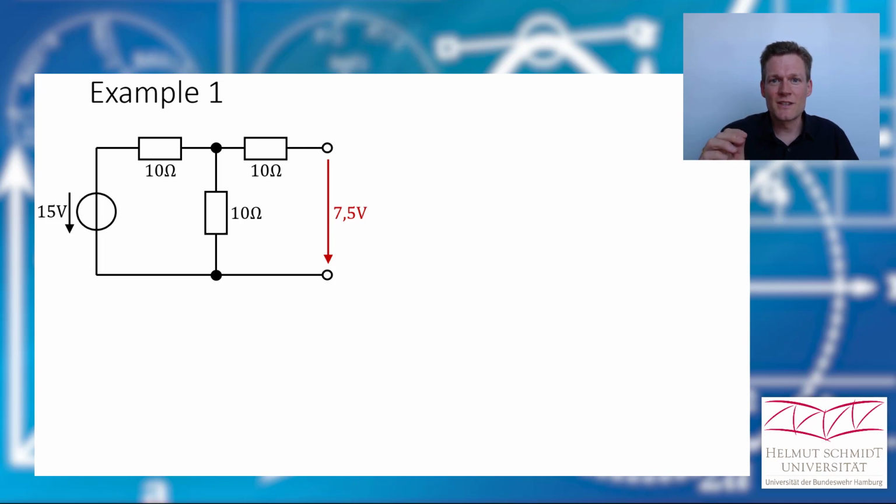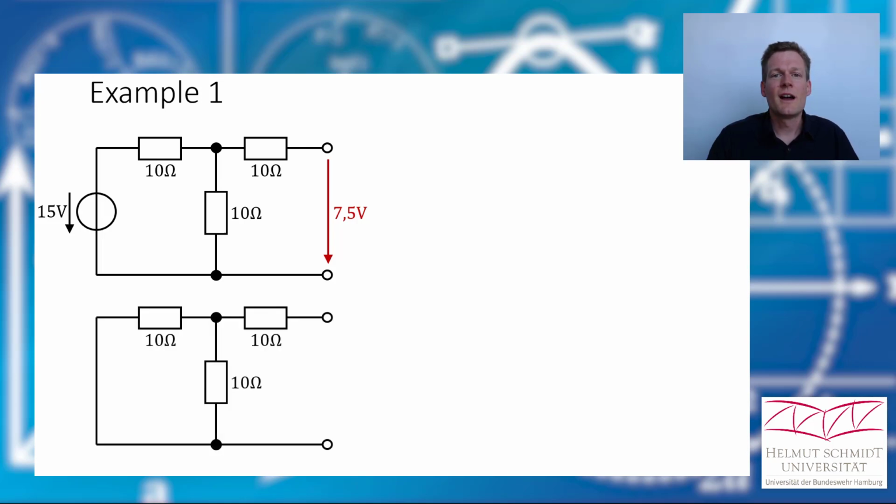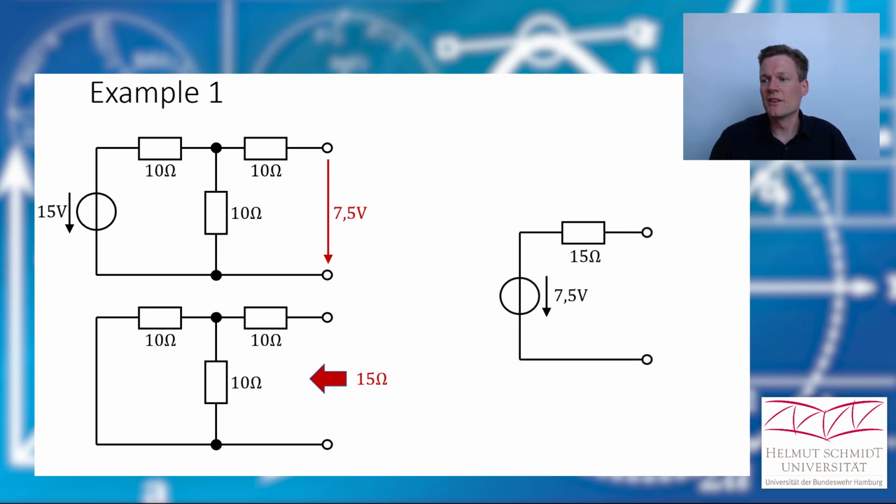Now we need the inner resistance, therefore we deactivate the ideal voltage source and we look into the circuit from the point of view of the clamps, and we see that the inner resistance is, you should see it, 15 ohm. And therefore our practical voltage source looks like this.